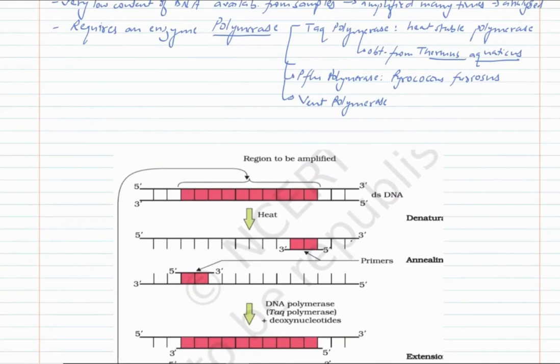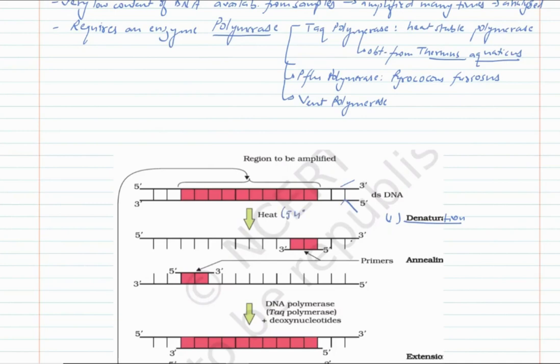So how does PCR work? The main steps in PCR are three. The first step is denaturation. In this step, a double-stranded DNA molecule is placed at 94 degrees Celsius.